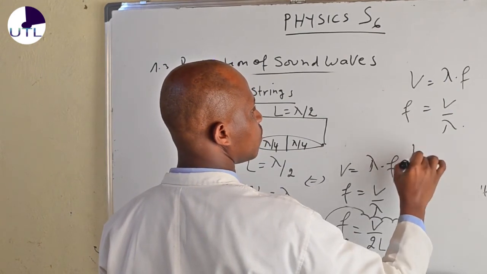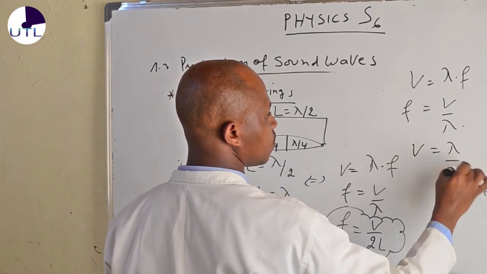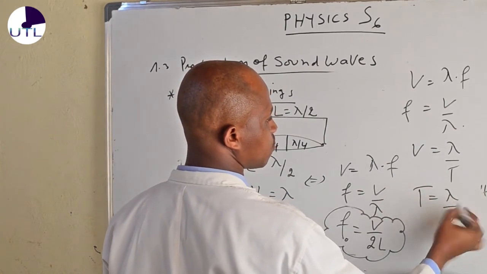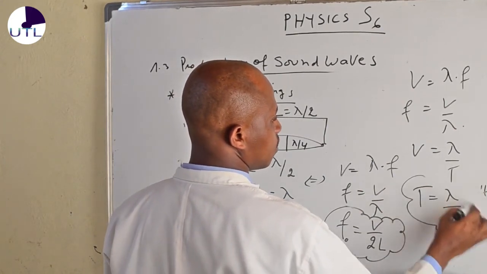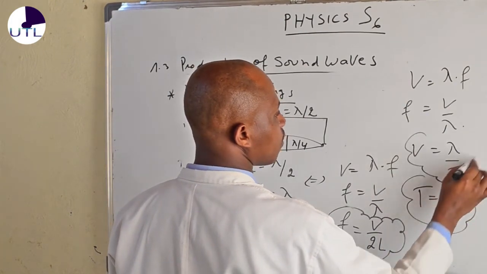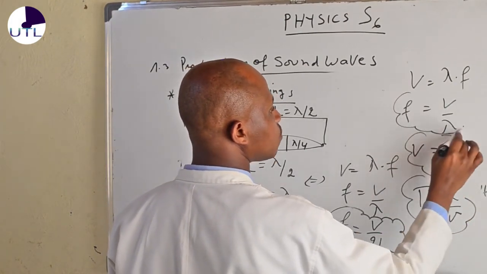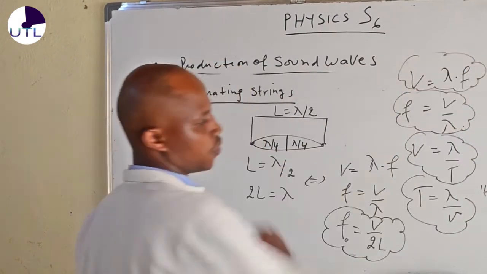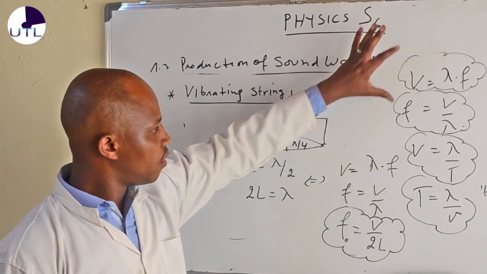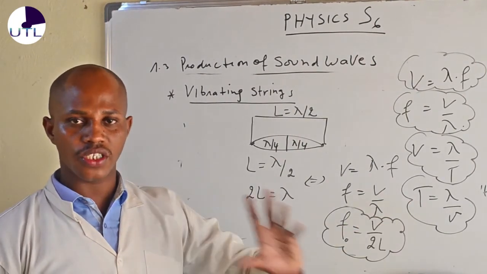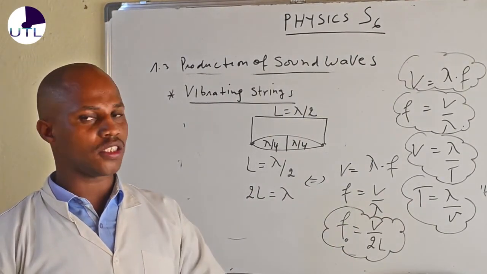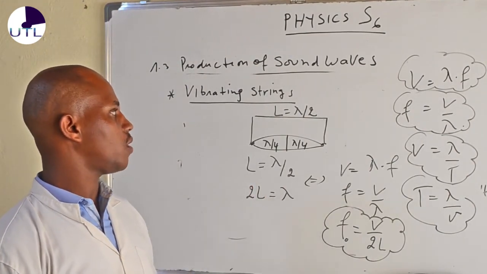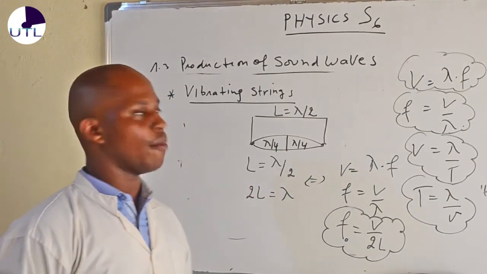Also V is equal to wavelength divided by period, so period is equal to wavelength divided by the speed. These are basic fundamental formulas that we use in sound waves. If you know these four formulas and you know how to find the length in each case, it is very simple to find the frequency at each harmonic.